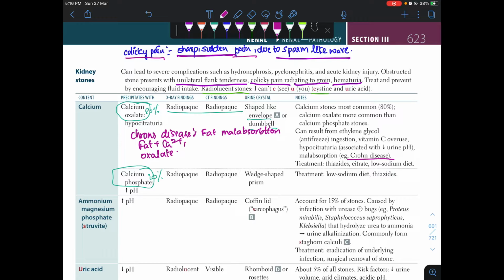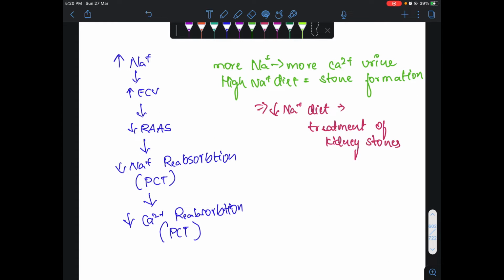And the treatment for calcium oxalate stones includes thiazide, as this increases the reabsorption of calcium in the distal convoluted tubule, and citrate. As we know, citrate is needed for calcium reabsorption. And a low sodium diet. Let's see how a low sodium diet is the treatment for kidney stones.